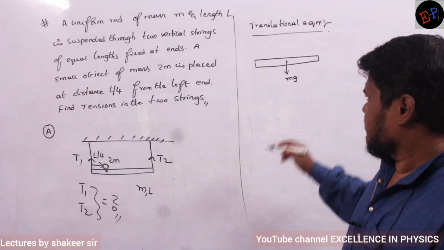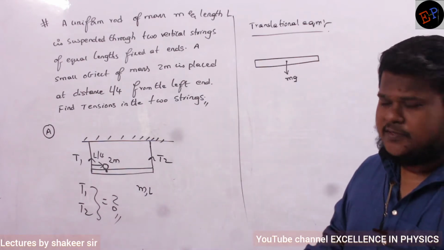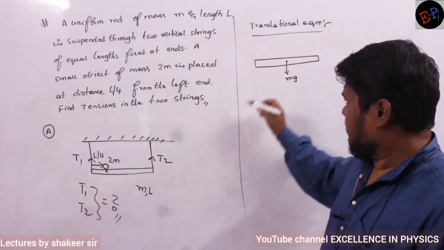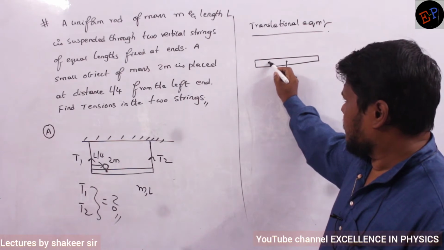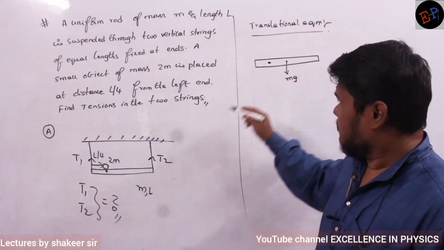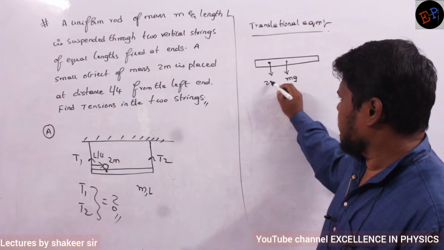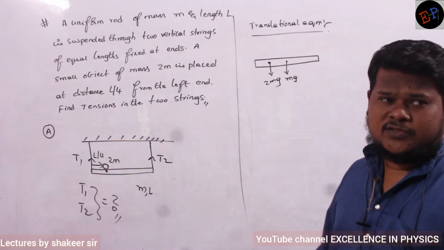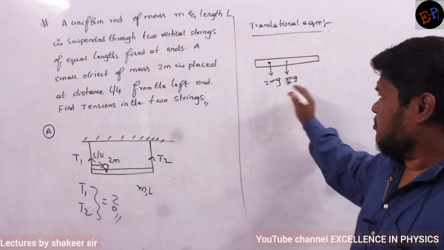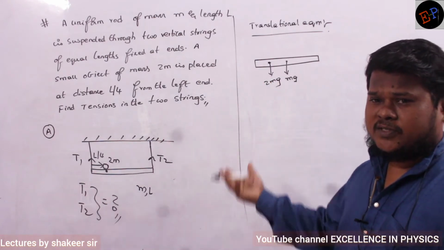At its center of mass. So weight mg will be acting downwards. Then at a distance of L by 4 we are placing one more mass. What is the weight of that mass? Mass is 2m, weight is 2mg. So these are the two forces pulling the system downwards.